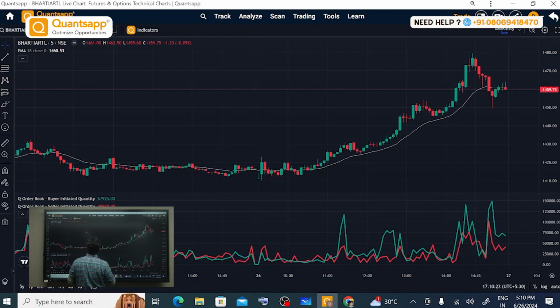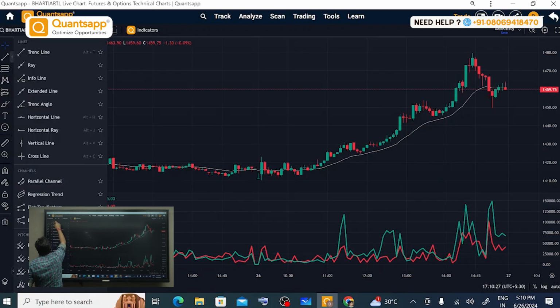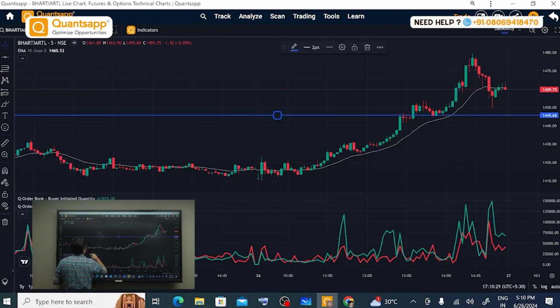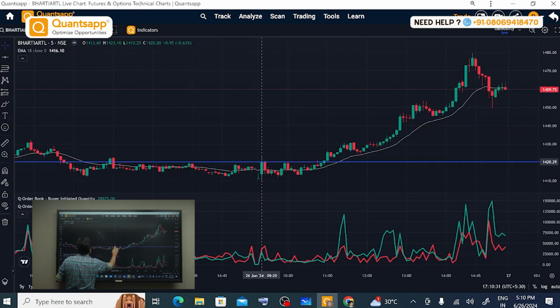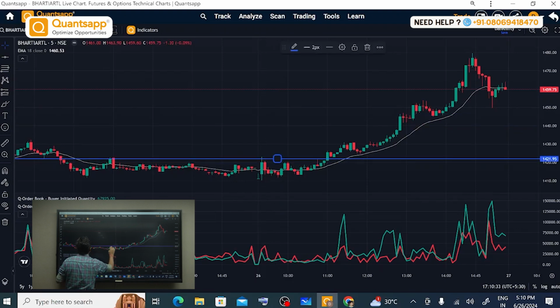You can see the resistance over here, very easy to identify, and there is a breakout at 11 AM. You can see the movement of the price.